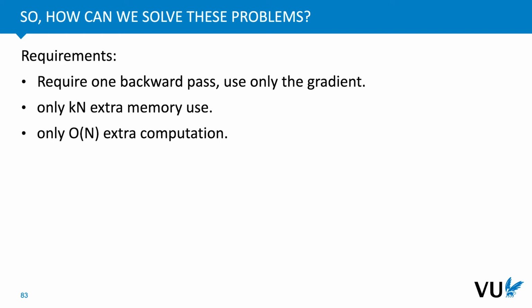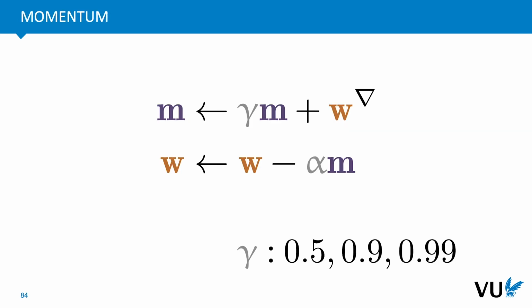So we can double the memory used, or triple or quadruple, but that's about it. And we only want to expend a linear amount of computation in the number of parameters that we have. Our first candidate for improving stochastic gradient descent is momentum.